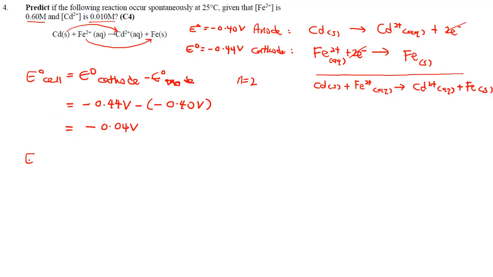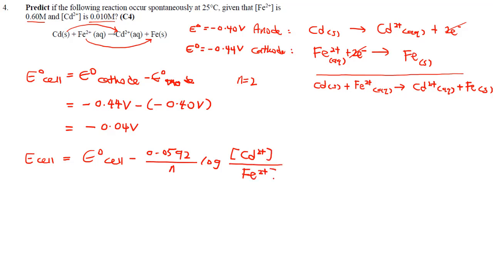We calculate E cell, which is E naught cell minus 0.0592 over n, log the concentration of the product, the aqueous cadmium ion, over the reactant, the aqueous iron ion.